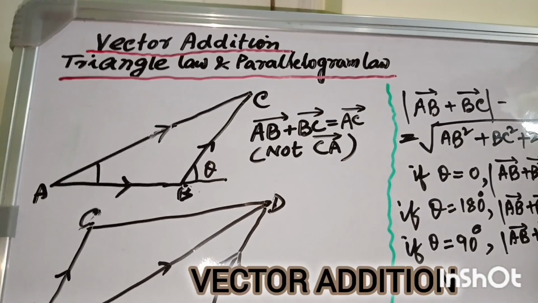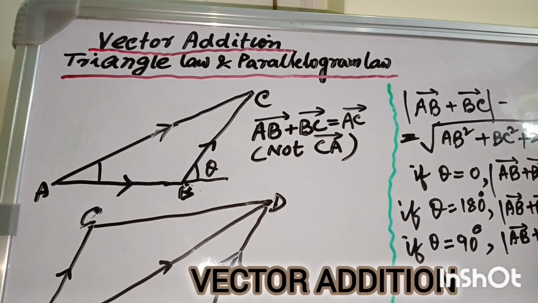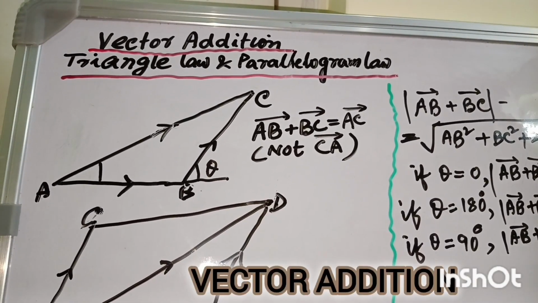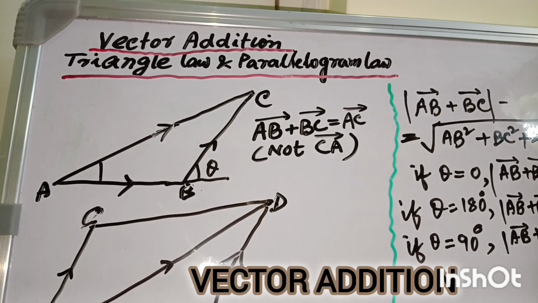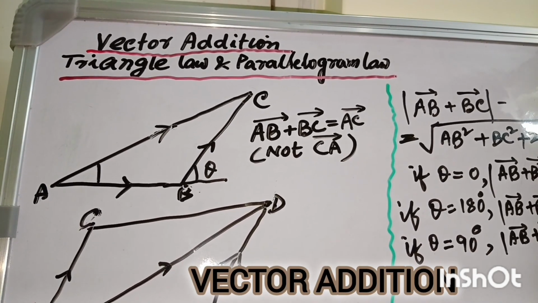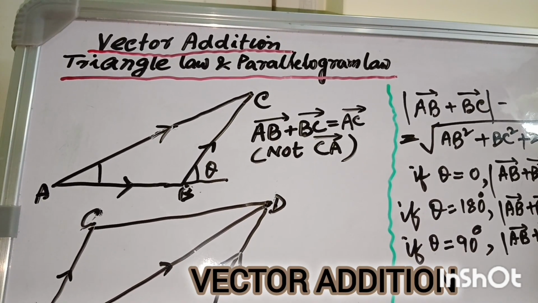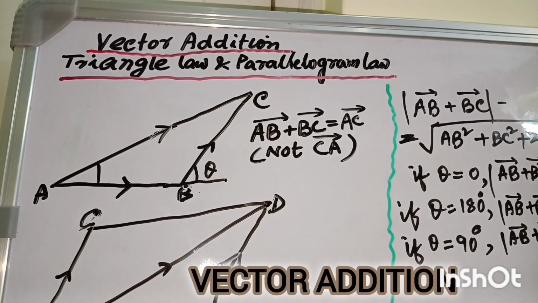See, today's topic is vector addition, triangle law and parallelogram law. Vectors have magnitude as well as direction, so they cannot be added like scalars. There are two laws relating to their addition: one is triangle law, one is parallelogram law.